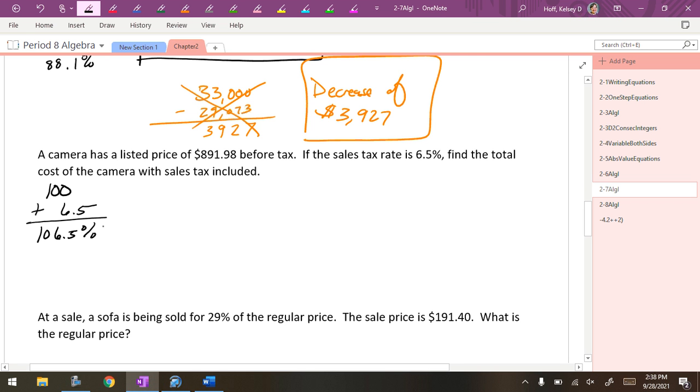As a reminder, we said our new price equals our percentage. What's our percentage? 1.065. Very good. As a decimal, we move it back 2, but it's 1.065 times the original. What's the original? 891.98.